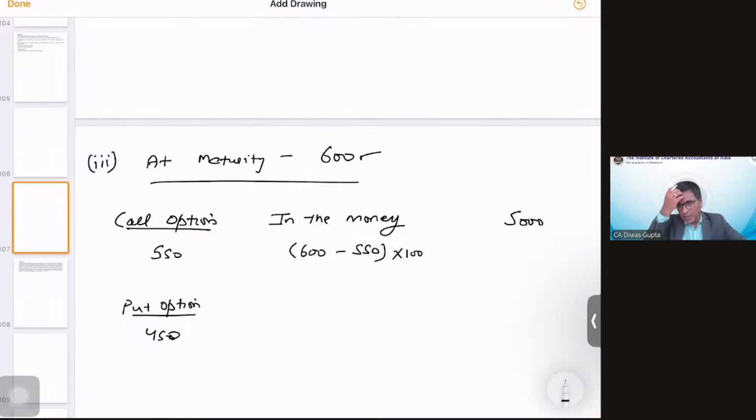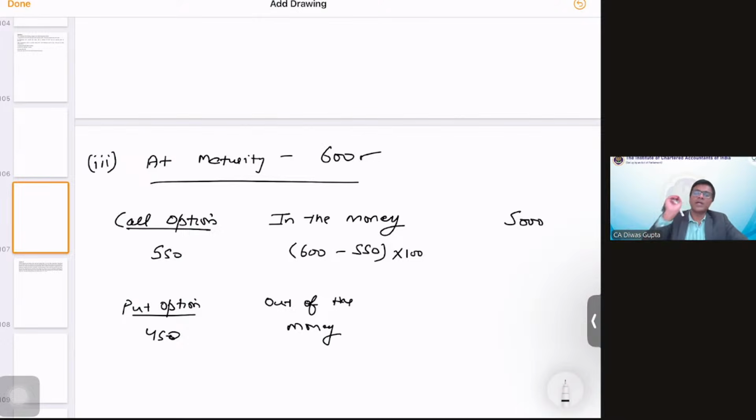This will be out of the money, right? Because you will not exercise this option now. You will just go to the open market and sell it at 600. So this option will not give you anything, right? Out of the money.